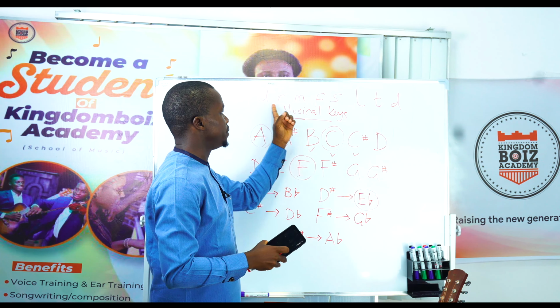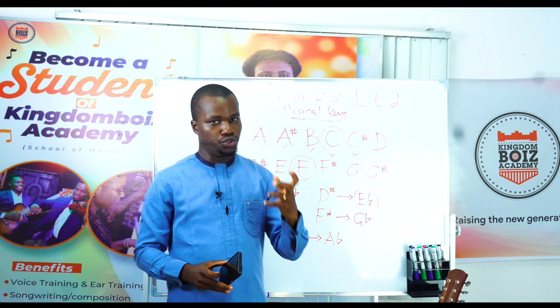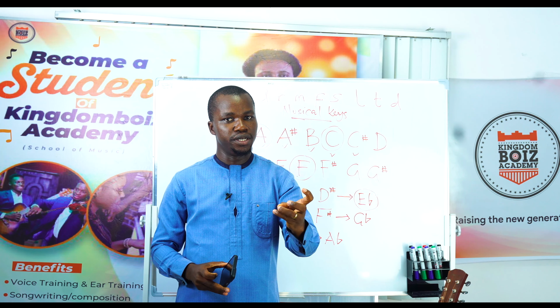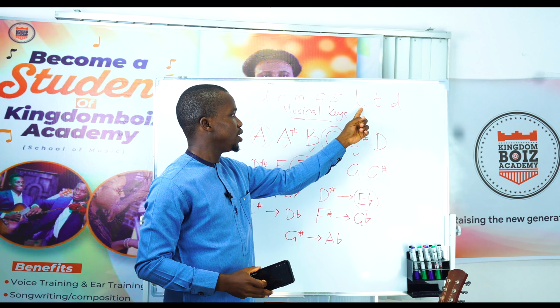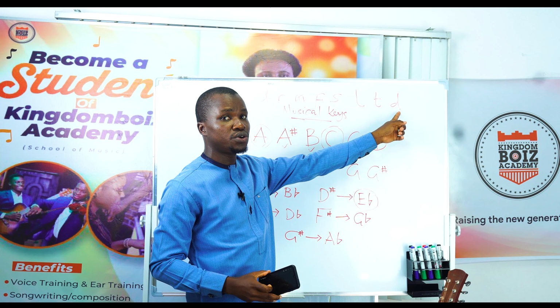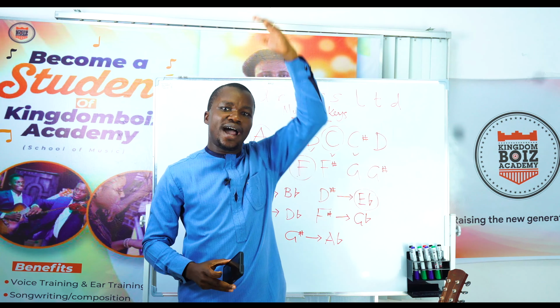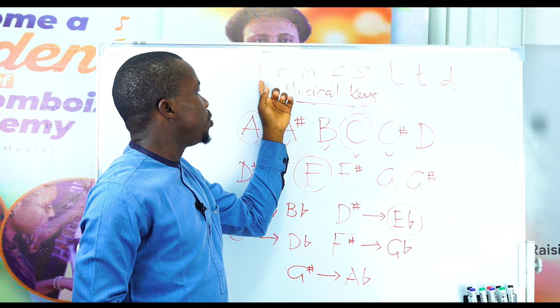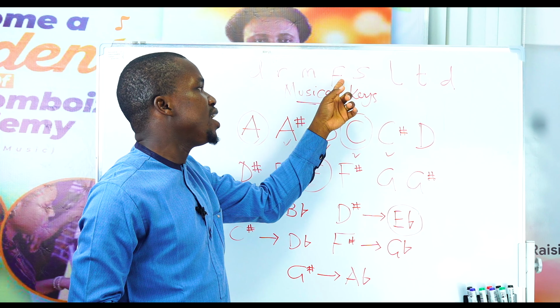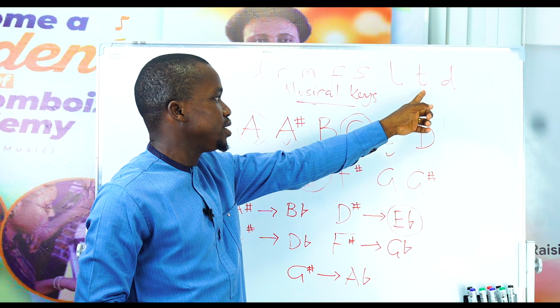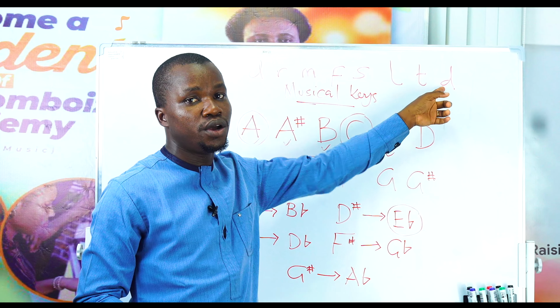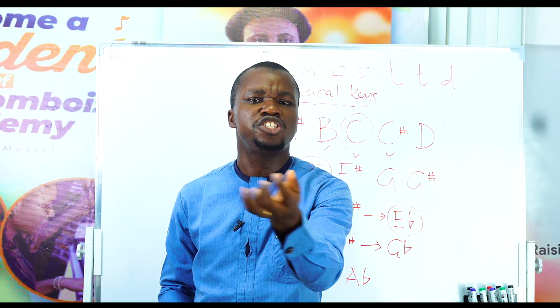So if I want to run my tonic solfa on key A: do, re, mi, fa, sol, la, ti, do. If I want to go higher on the octave: do, re, mi, fa, sol, la, ti, do. You must be able to pitch your tonic solfa on every key.